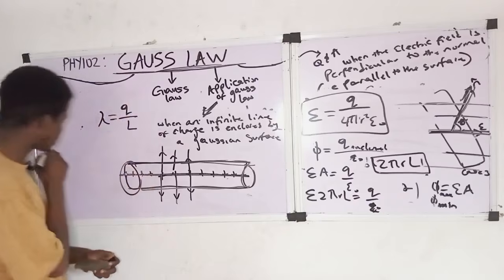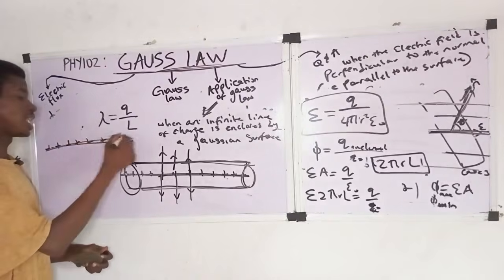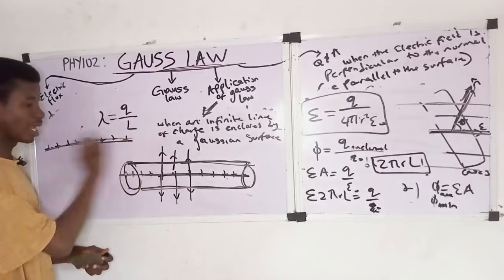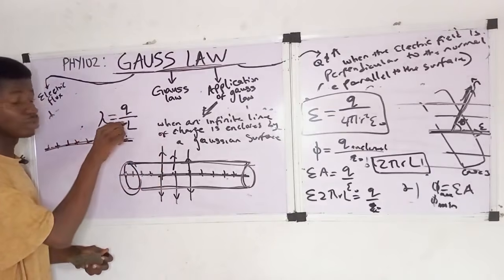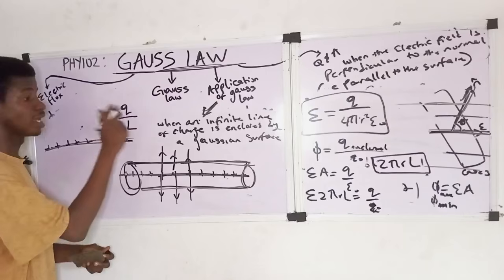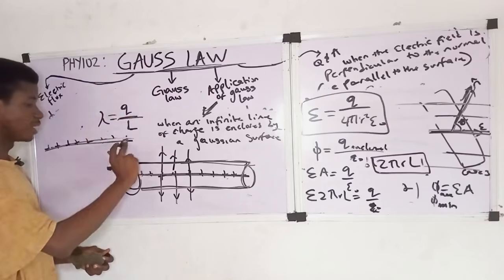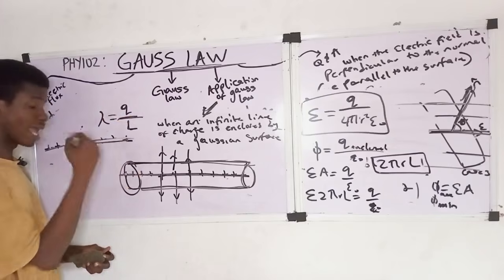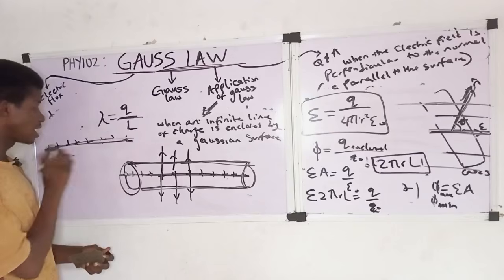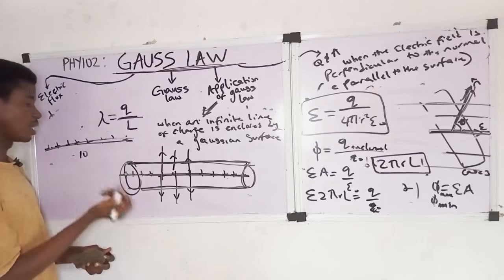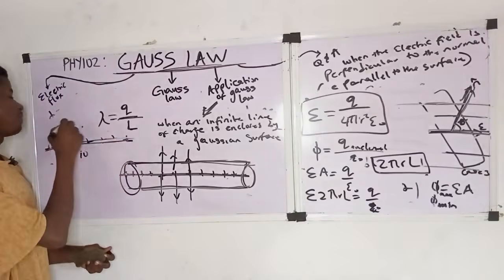Let's say this is a linear object with charges distributed along it. The linear charge density is charge per length. Let's say the length of this wire is 10, for example, and the amount of charge distributed along this length is 5.